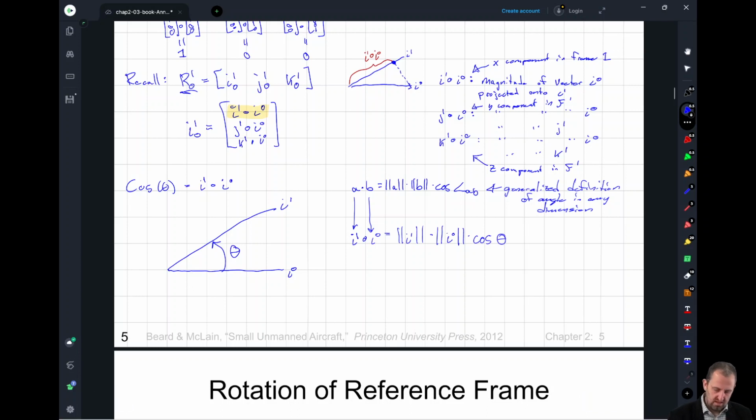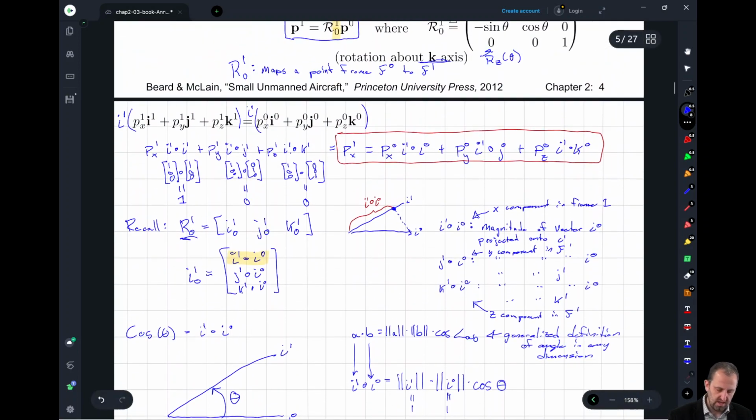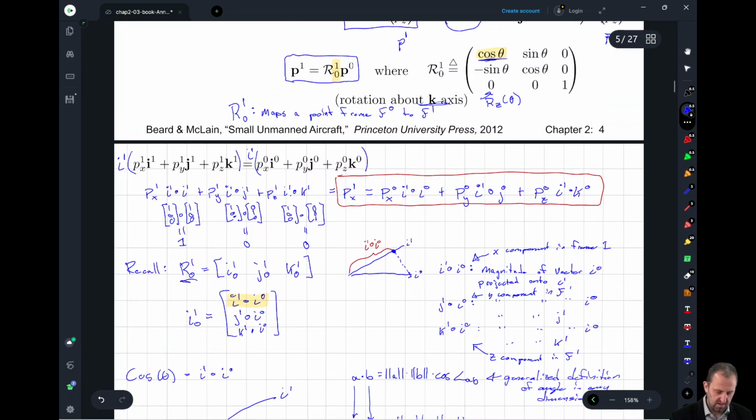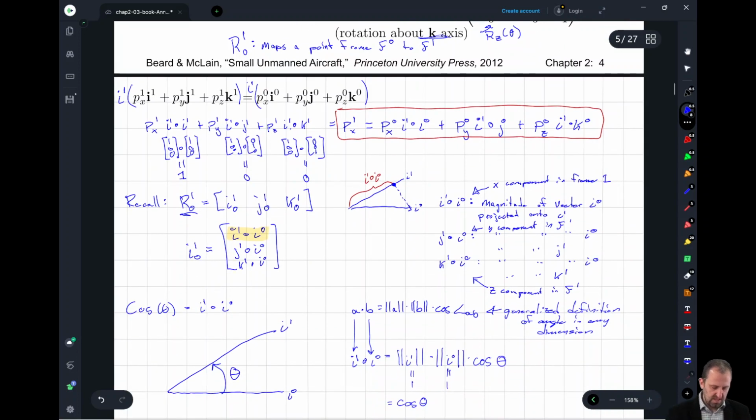Well, this is really nice because the magnitude of each one of these elementary vectors is just equal to 1. So we just have the cosine of theta left over. So that's where we end up getting this cosine term. And you could use similar properties to start talking about sine theta, and the cosine theta term comes in terms of relating the j-axes. Okay.